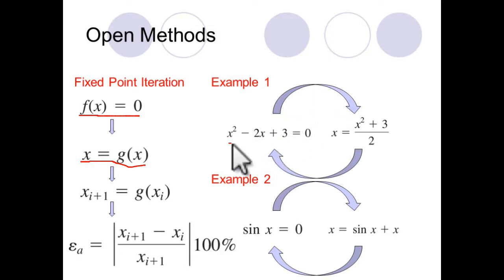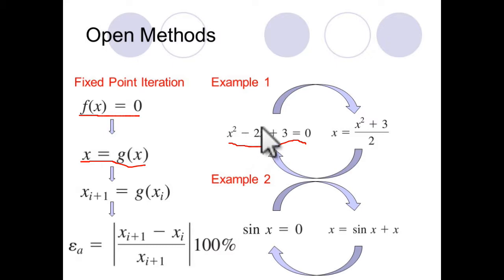Just assume that we have a simple polynomial here. It is x squared minus 2x plus 3 equal to 0, and certainly we have two roots because this is a second order polynomial. What we do is very simple.